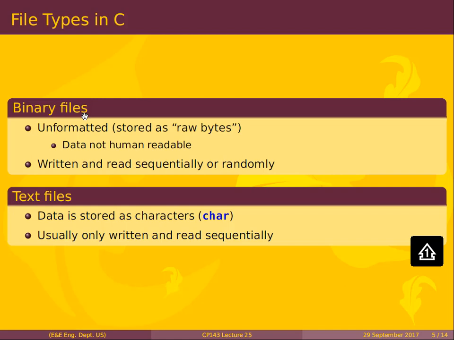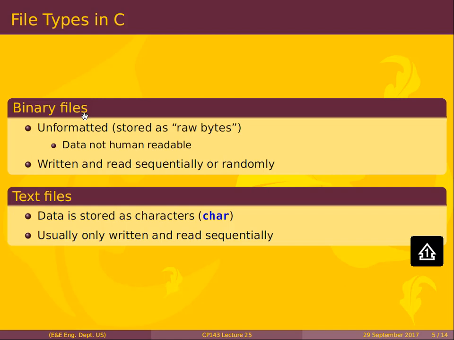Binary files, where essentially we get unformatted data. We also refer to the raw bytes. And typically you cannot read this. So this is not readable by humans. It's readable by programs, obviously, because the bytes represent information. And these files, these binary files, can be written and read sequentially and randomly.